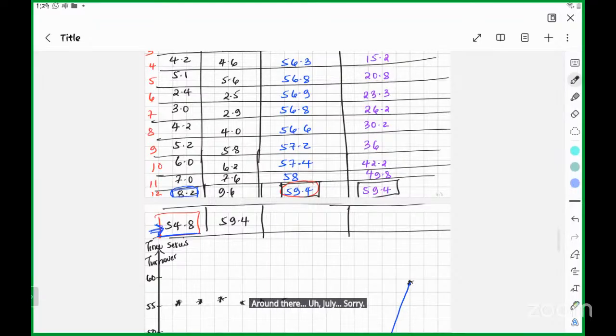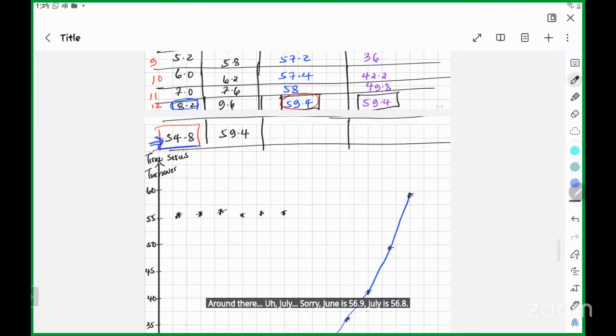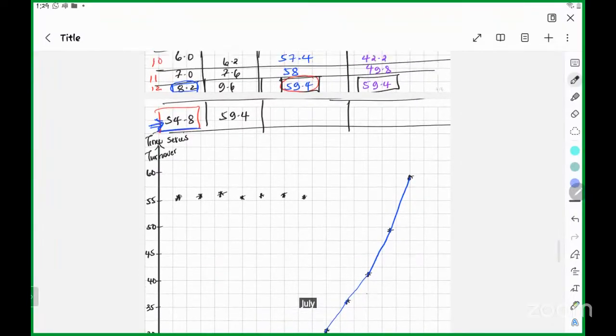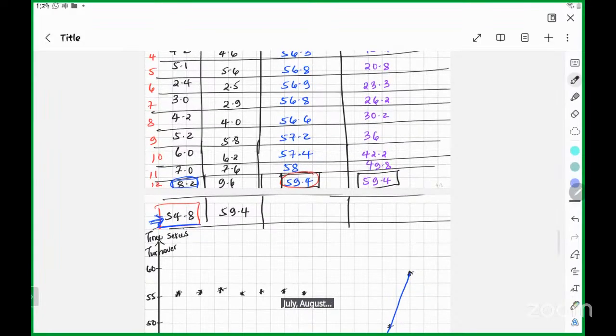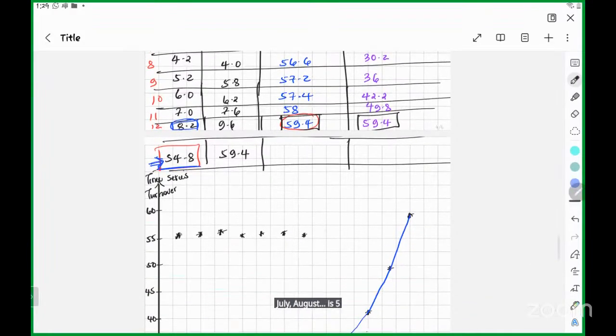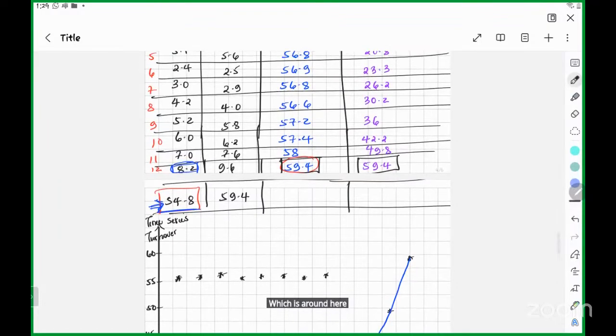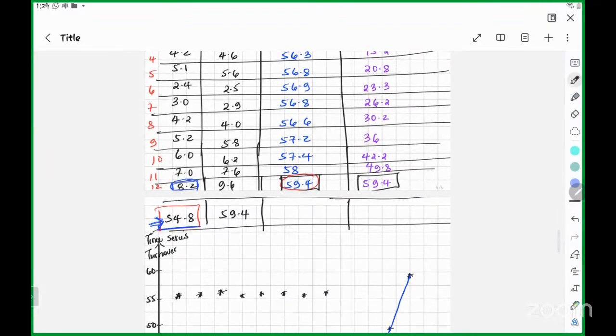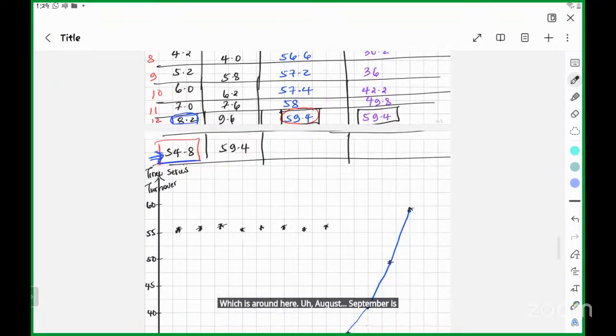June is 56.9. July is 56.8, around here. August is 56.6, which is around here. September is 57.2.